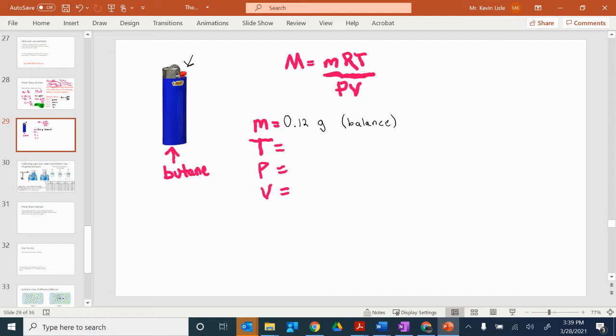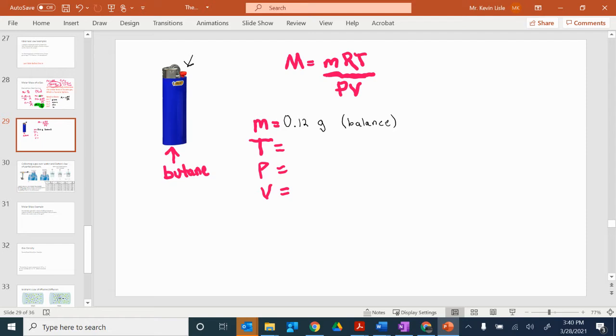But finding some of the other things is a little trickier, like where should we put that gas and how should we collect it. That complicates things a little bit. So I want to tell you about an experimental technique we typically use in the lab to collect a gas, releasing it into a container that allows us to measure its temperature, pressure, and volume.